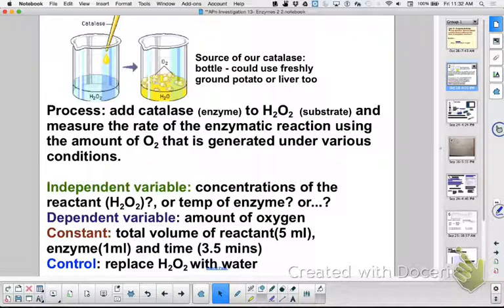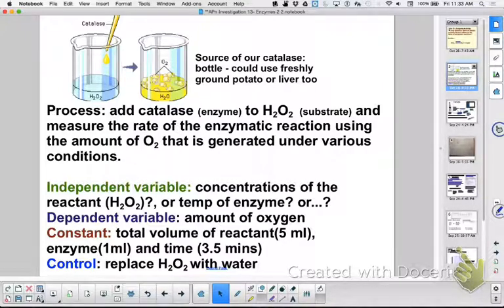Your independent variable in this case is the concentration of the reactant, hydrogen peroxide, but we could have changed the temperature of the enzyme, or we could change the concentration of the enzyme. These are all things you could change. Your dependent variable, though, every time is going to be the amount of product, because we can measure how much oxygen is generated.